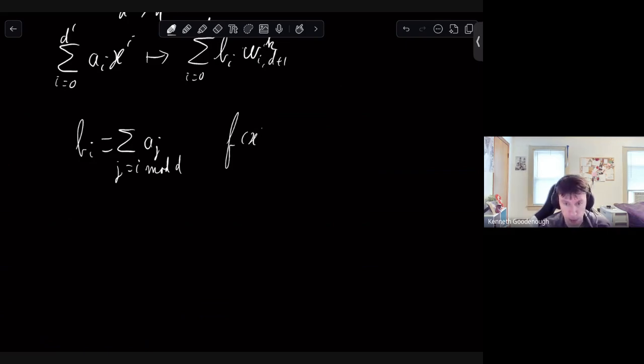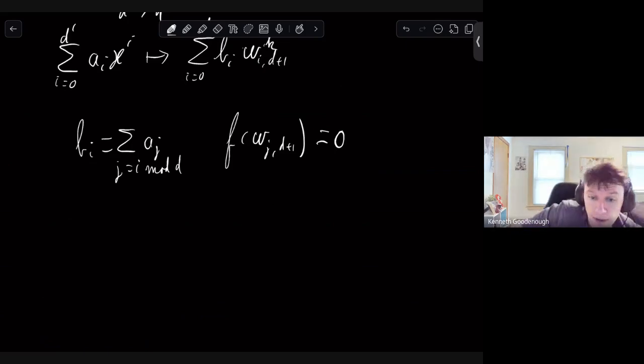Again, I don't have prior knowledge about whether it's a polynomial or a degree d polynomial, but let's just see what happens. Now, one thing that could happen is that if I plug in these roots of unity, I always get out 0. So naively, I might think, hey, this function is really 0, but this doesn't have to be the case. For example, f can just be a polynomial of the following form.